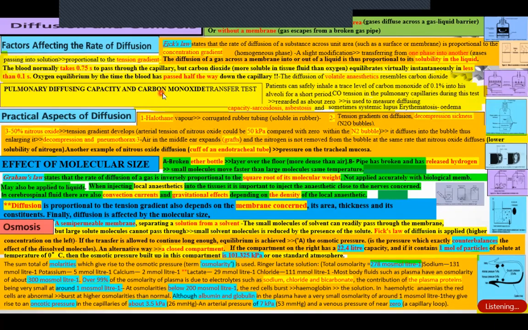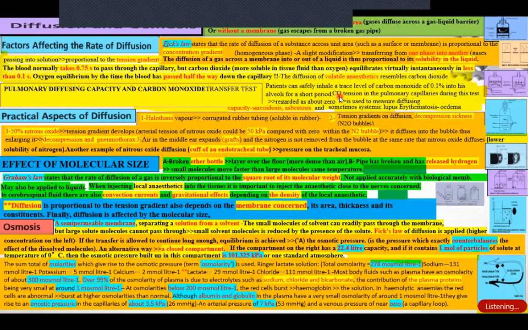Pulmonary diffusion capacity and carbon monoxide transfer test. It is a test utilizing the combination of carbon monoxide with hemoglobin, which is much speedier than oxygen. So we inspire around 0.1% of carbon monoxide, because it's toxic, through the alveoli.